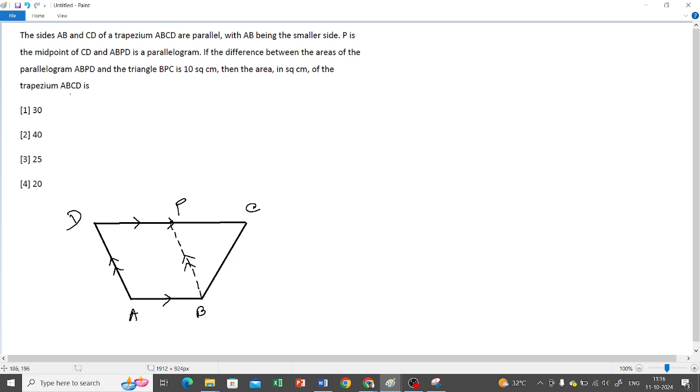If the difference between the areas of the parallelogram ABPD and the triangle BPC is 10 square centimeter, then the area of the trapezium ABCD is?